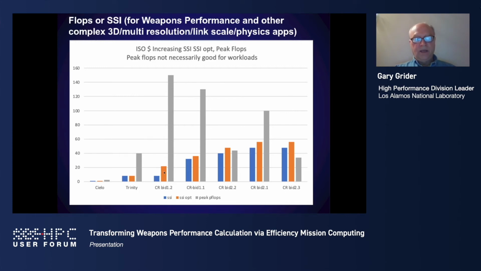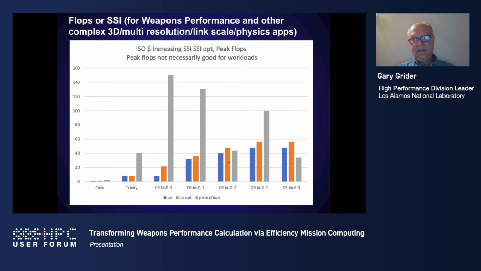But after they optimized, it got some gain in SSI. In this bid, very little. You had very good SSI, and what little changes they made did very little to the SSI. This architecture was a GPU architecture, and this architecture was not.